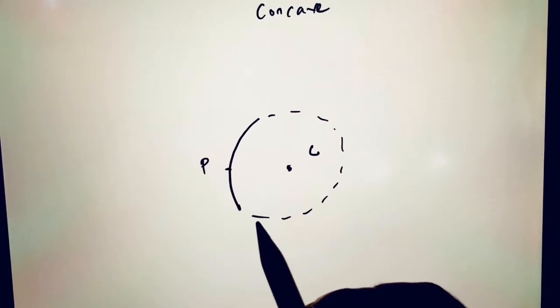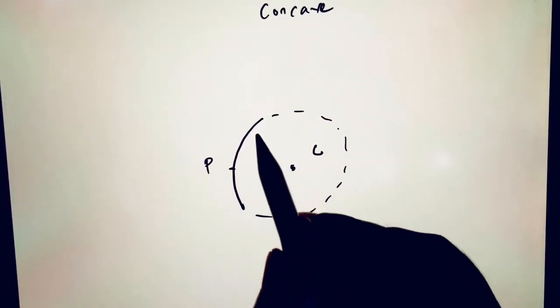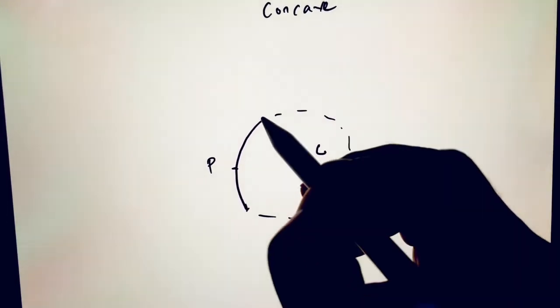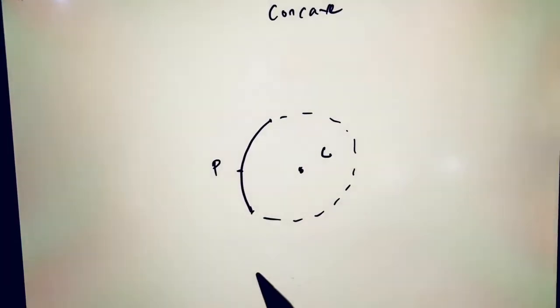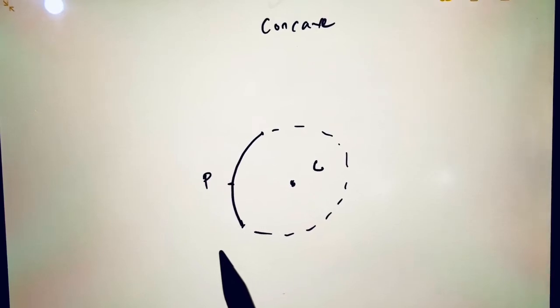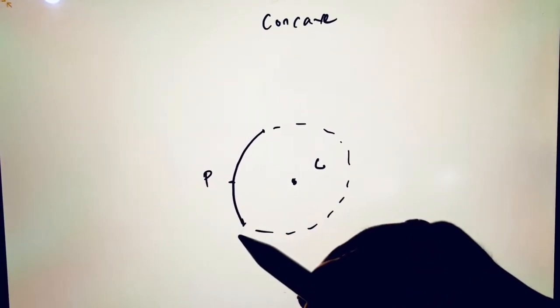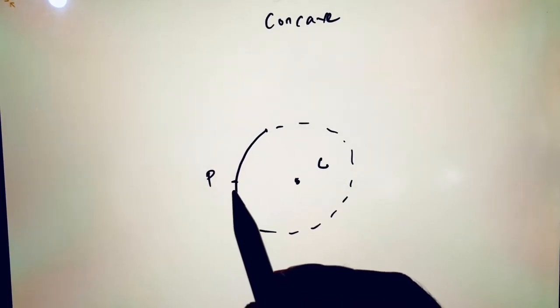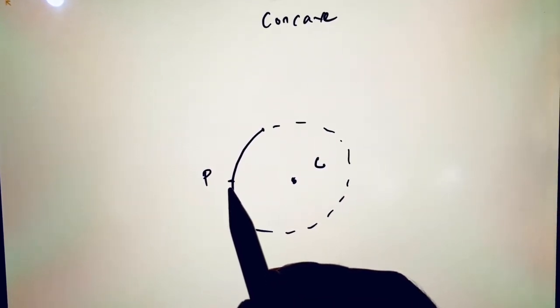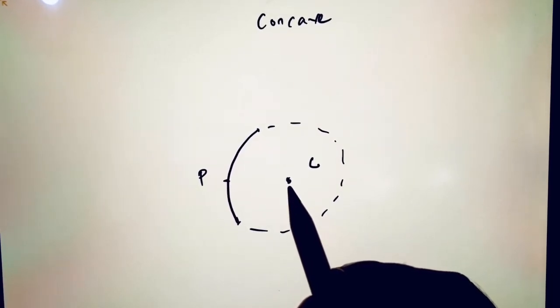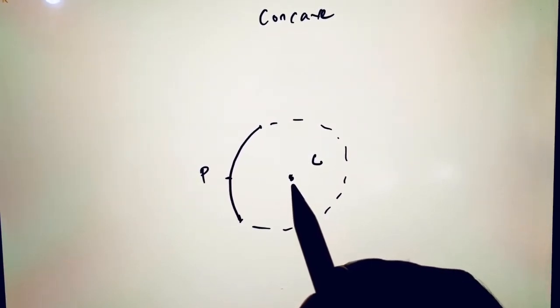They just show that the mirror is a part of a sphere, but only this portion from here to here is the actual reflecting surface of the mirror. When light falls on the mirror, it will fall on this surface, and that is called the aperture. So the center of the aperture is the pole, and the center of the imaginary sphere of which the mirror is a part is the center of curvature.